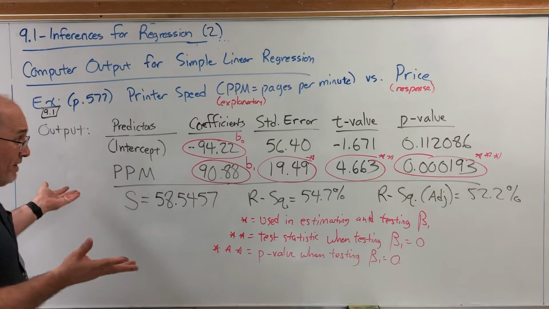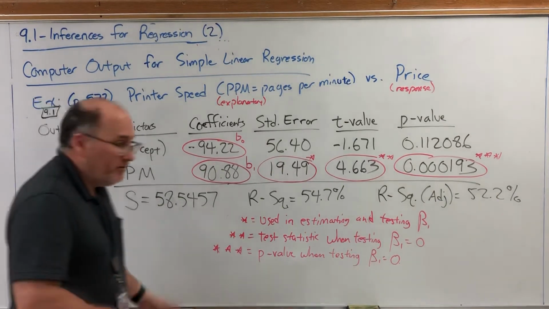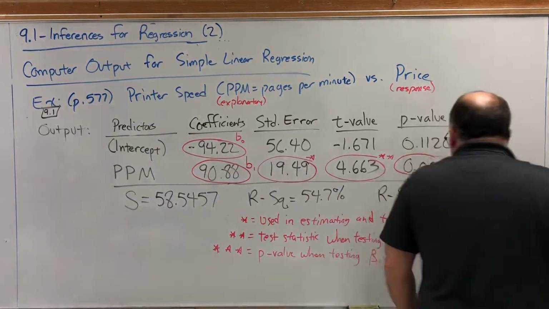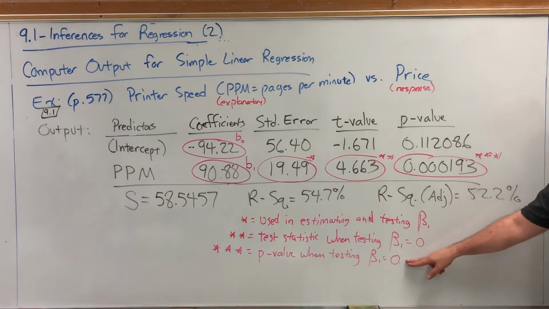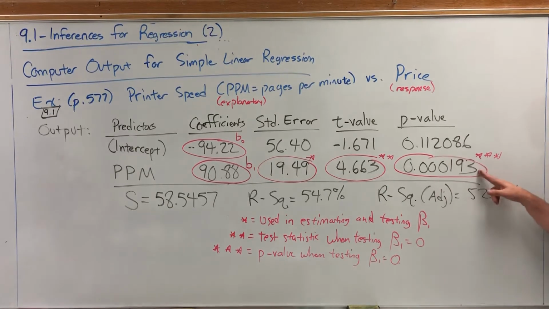And if we're doing a hypothesis test, it's practically over. I know we're not there yet, but if I was testing whether beta 1 is equal to 0, and this is my p-value just handed to me, what can I say? Well, this p-value is less than 5%, and from this point forward, the significance level will always be 5%.